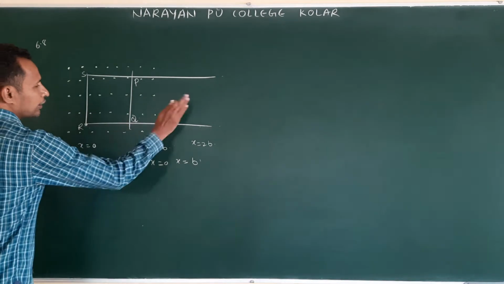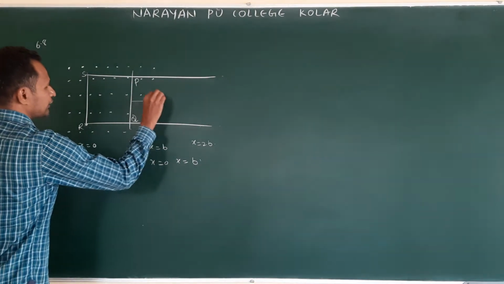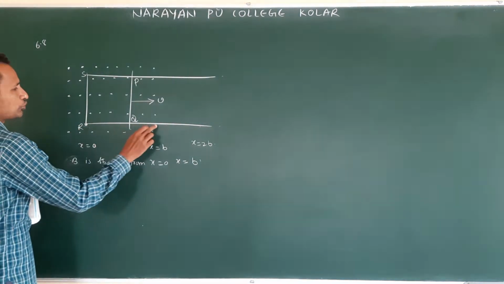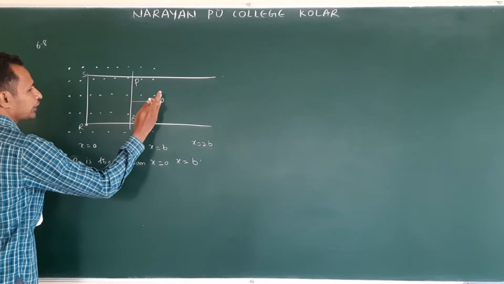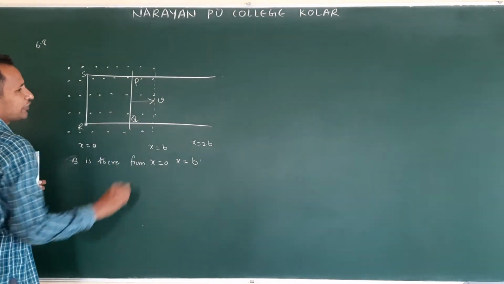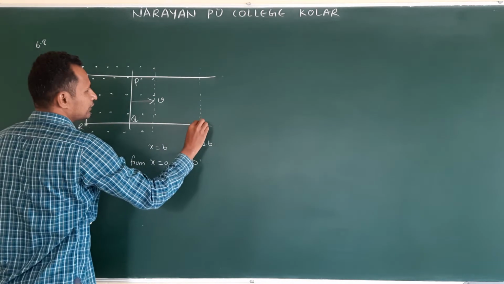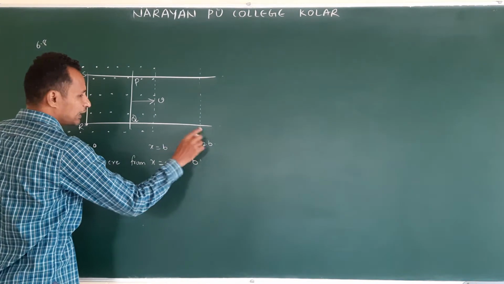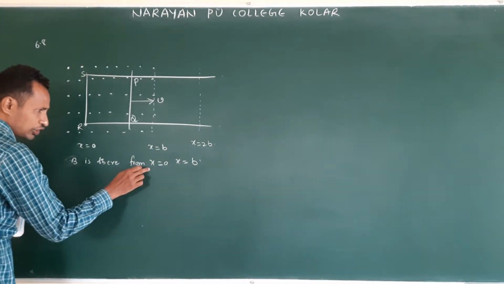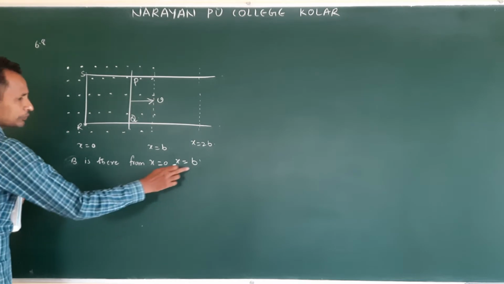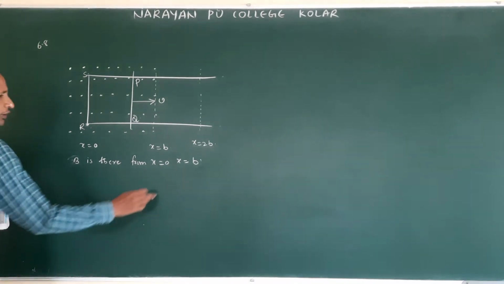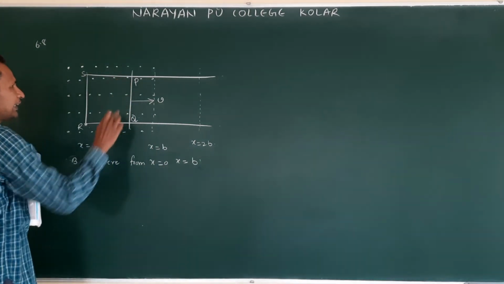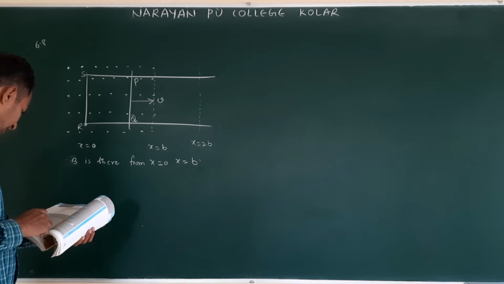So the rod is pulled, moving in this direction. As soon as the rod moves, initially it was here, now it is moving up to here, it covers the flux. What is the flux from x is equal to b to 2b? That we will write later. Now first I am writing x is equal to 0 to b. At x is equal to 0 there is no area. At x is equal to b, what will happen? Did they mention the length here?